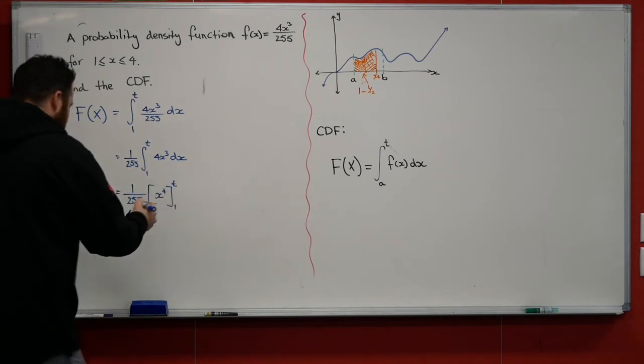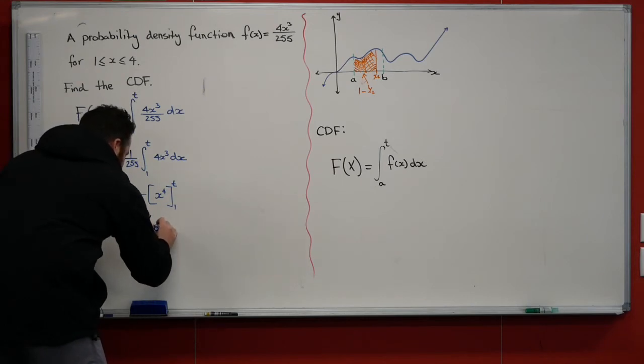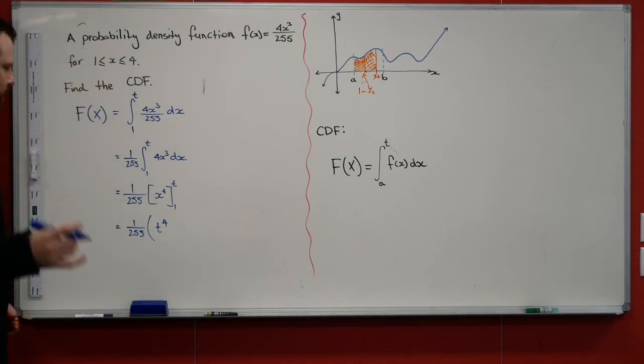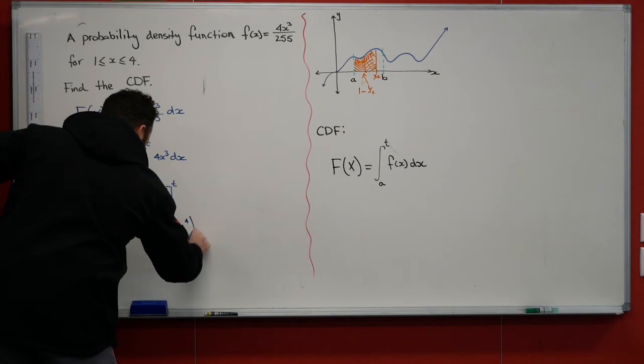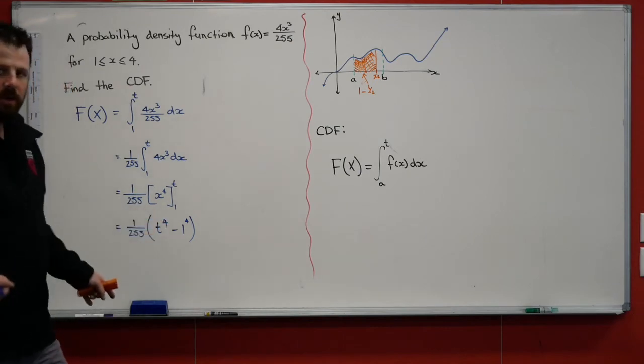Which, if we go through and finish that off, is 1 on 255 outside of t to the power of 4, putting our substitution in, minus 1 to the power of 4, which we end up with, that's our function.